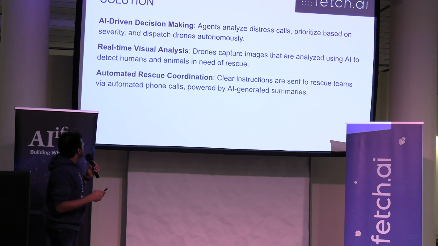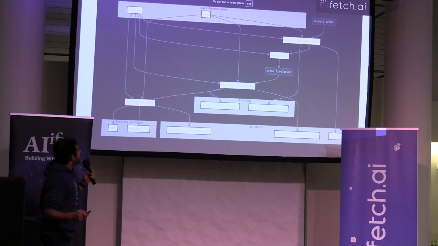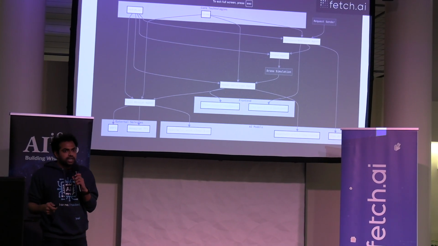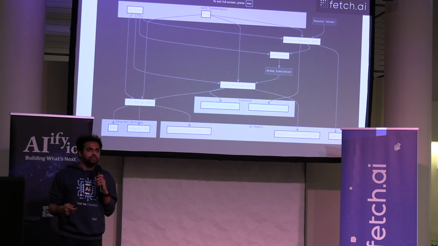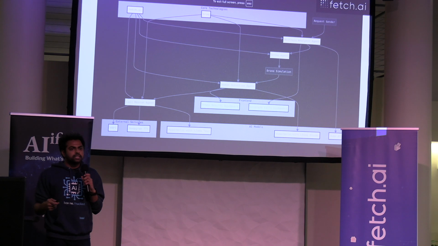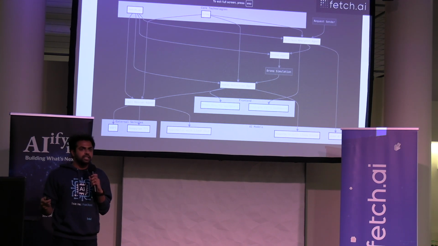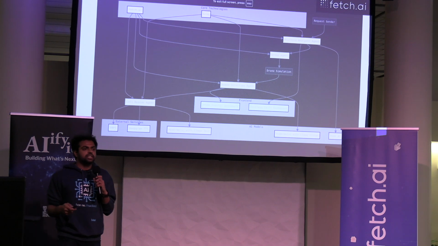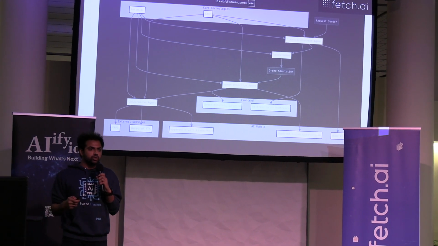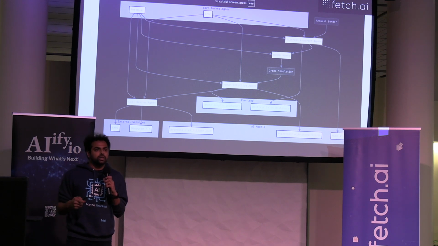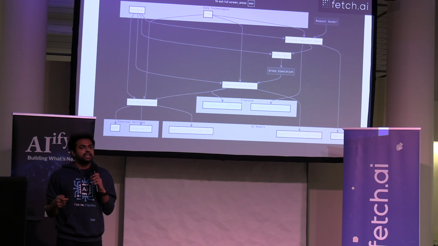What I'm solving is, I have 5 agents. One agent is continuously receiving phone calls and analyzing the distress in each call. Based on that, it will dispatch a drone to a particular location based on the distress call location. Then, assuming I'm getting photos from the drone, the next agent, called the human detection agent, will detect if there are any humans present in a flood situation.